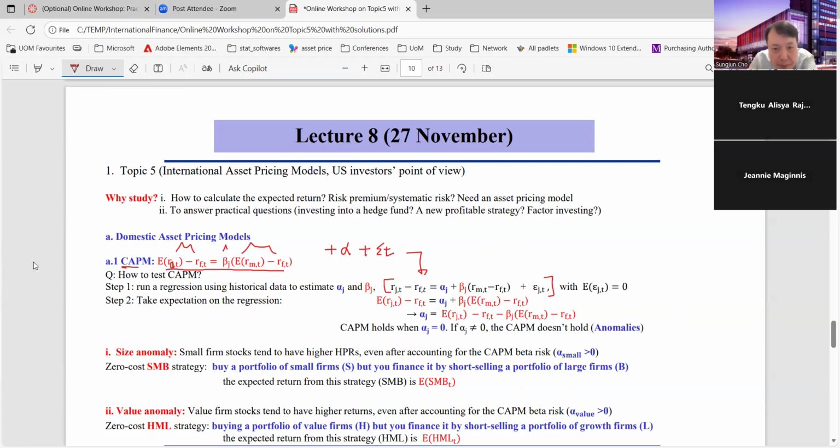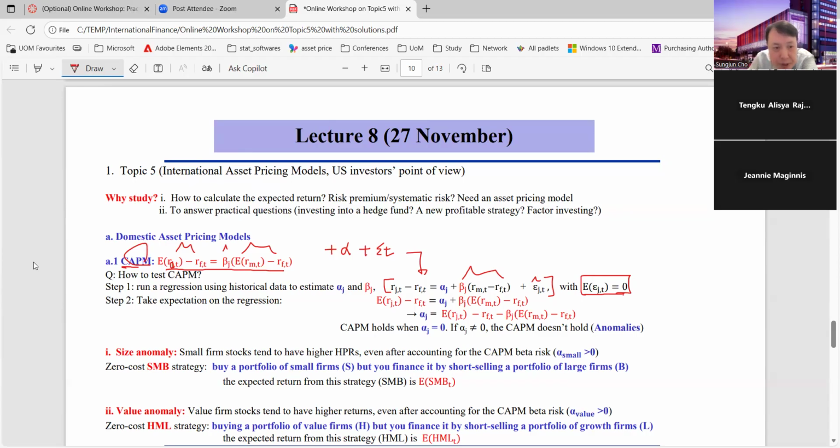On the left-hand side, we have R_jt minus R_ft without expectations. On the right-hand side, we have alpha, the constant for this asset, and then the CAPM term without expectations, and then an error term. This error term means sometimes you get a positive error, sometimes a negative error, so we need to assume the average error is equal to 0. So start with the model and write down the regressions.